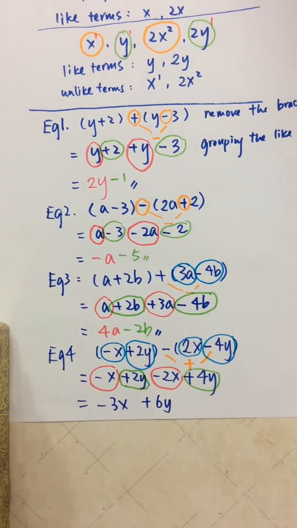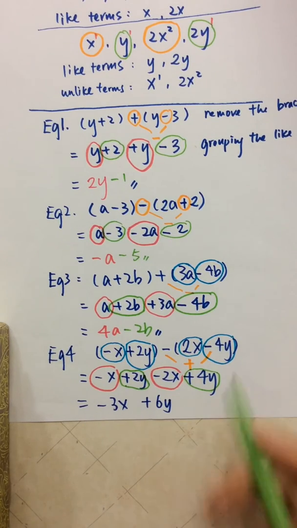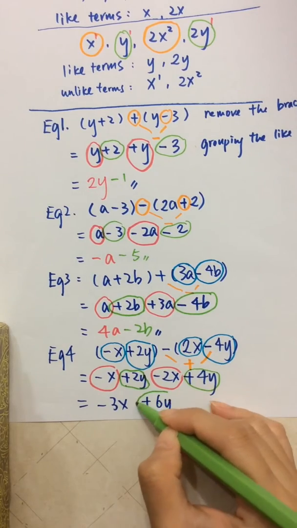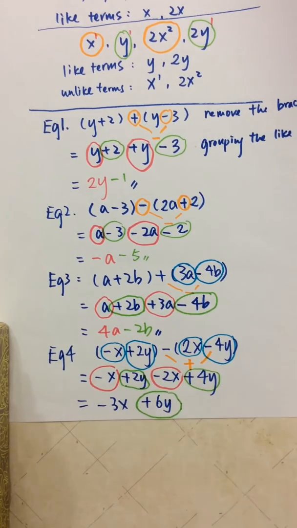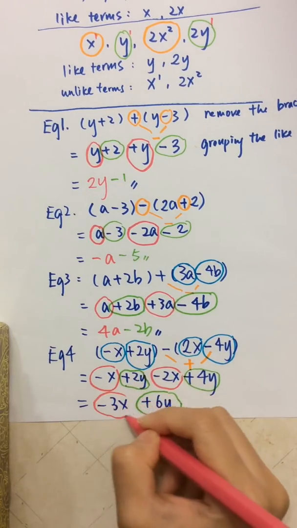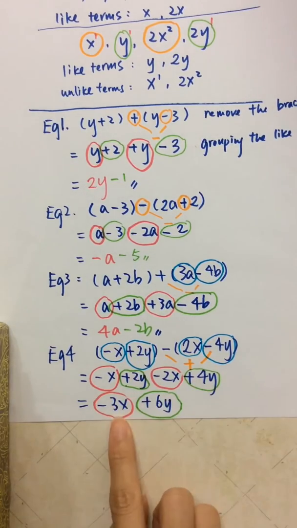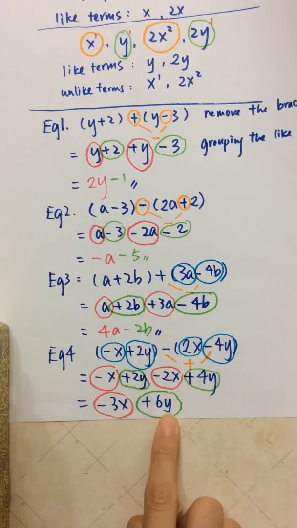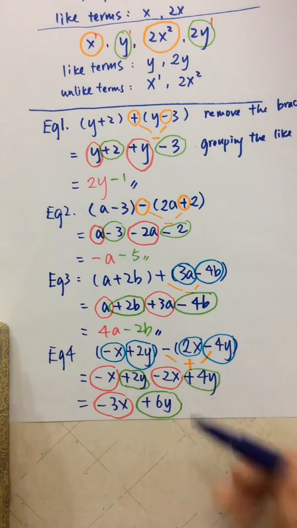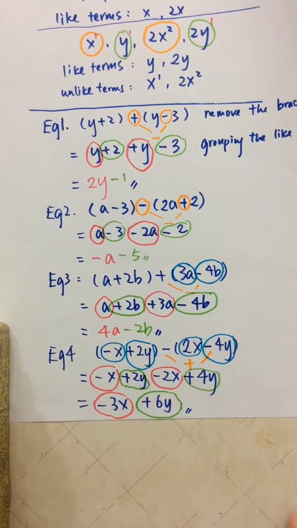Can it be further calculated? Do you think so? The answer should be no, because when I circle it, you will see they are different colors, because they cannot have the same properties. x is not equal to y. So at the end, we are finished with this kind of question.